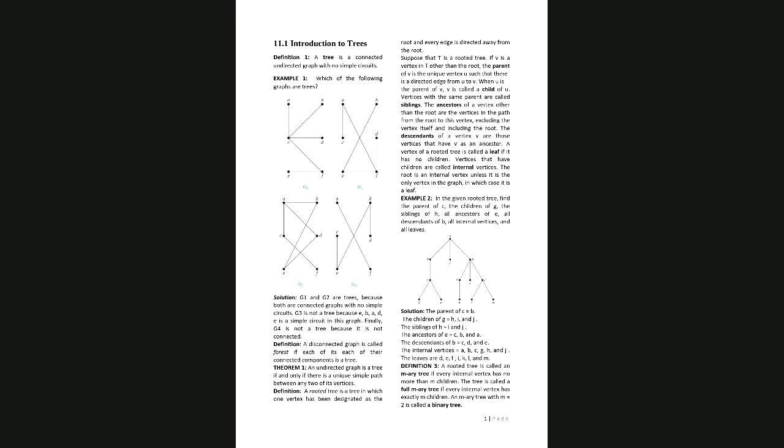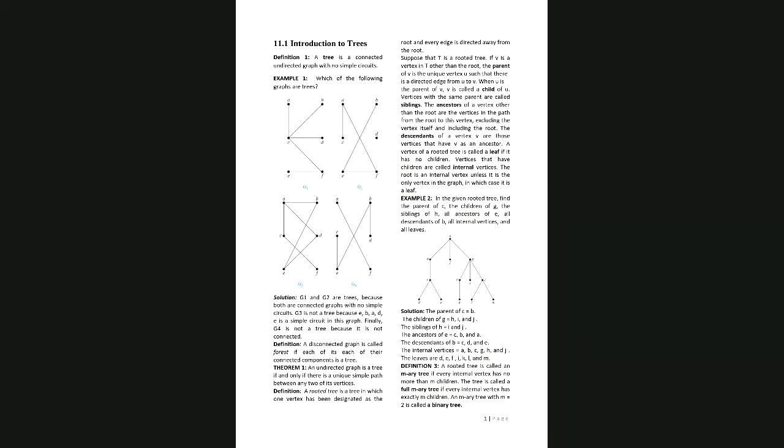Now we will see the second definition. What is a rooted tree? A rooted tree is one in which one vertex is designated as the root and every edge is directed away from the root.